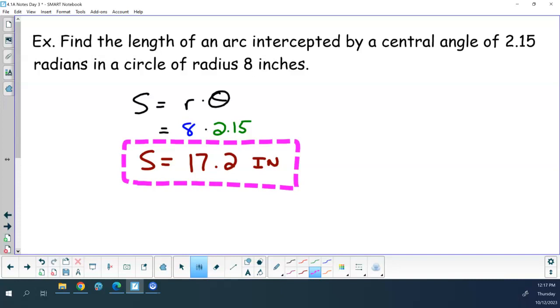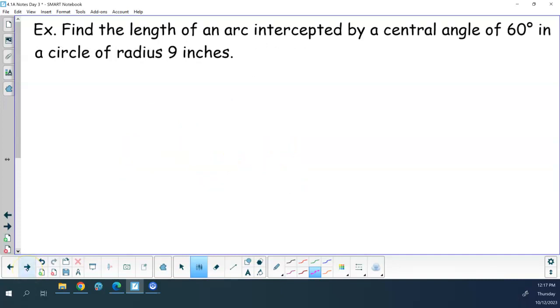Questions, comments, concerns, clarification? Find me this one. So I'm going to use S equals r theta. Can I use 60 degrees?